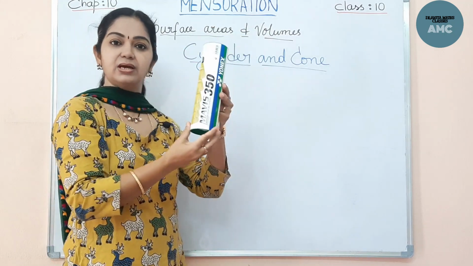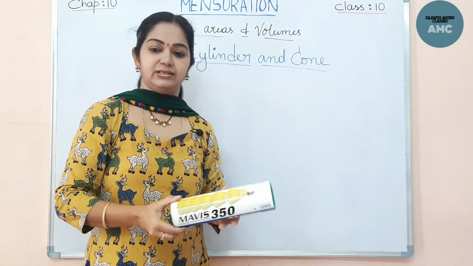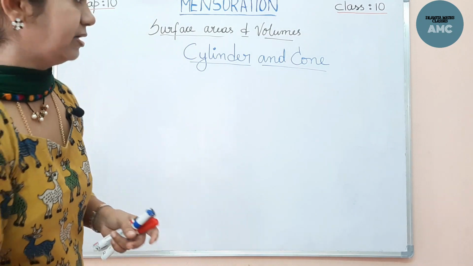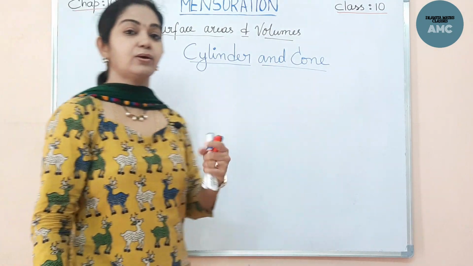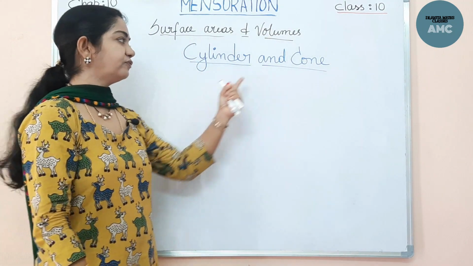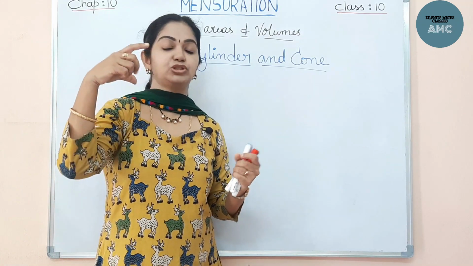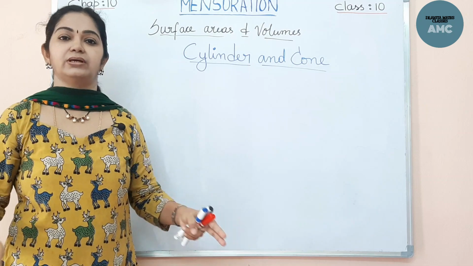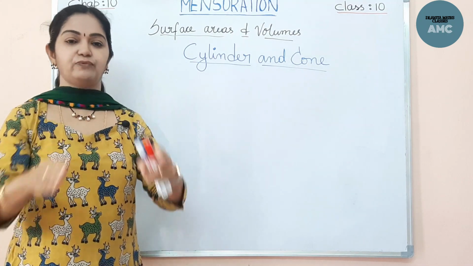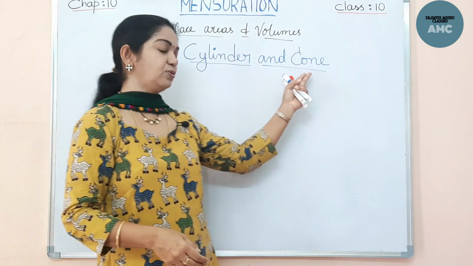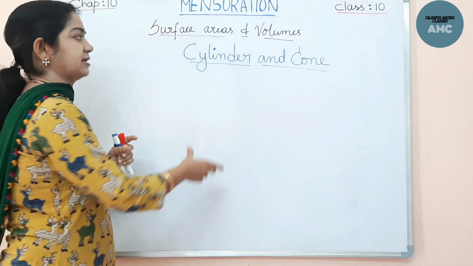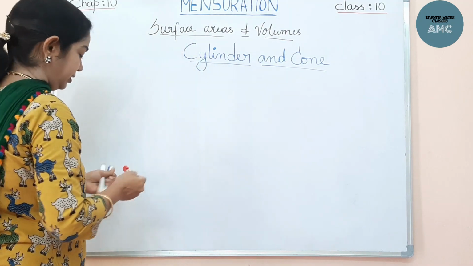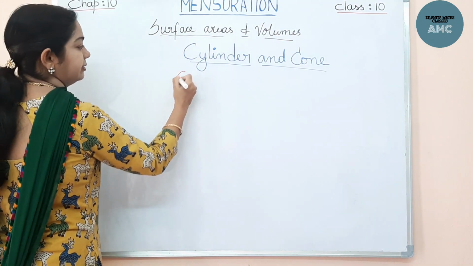So this is an example of a cylinder. And an example of a cone is a joker's cap, or a heap of grain when placed on the floor, that heap of grain is in the shape of a cone. Now first let me discuss the cylinder. Here we will discuss the cylinder.